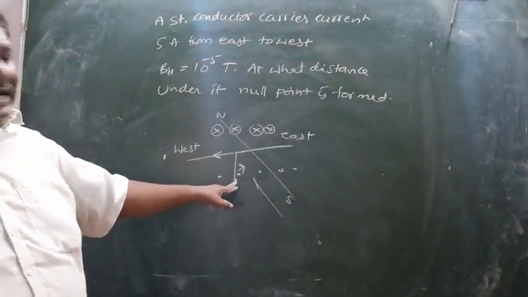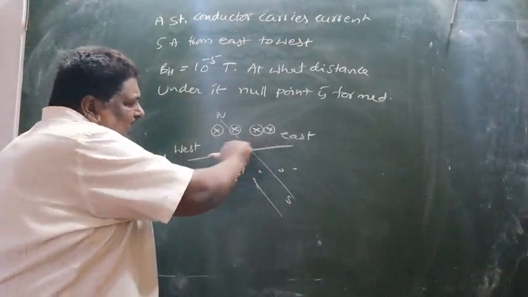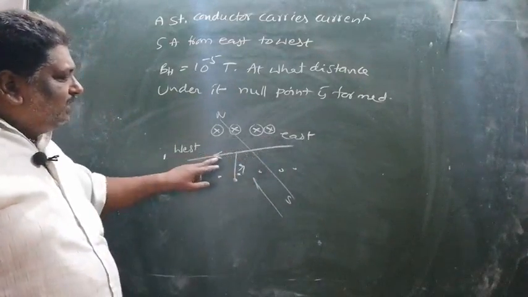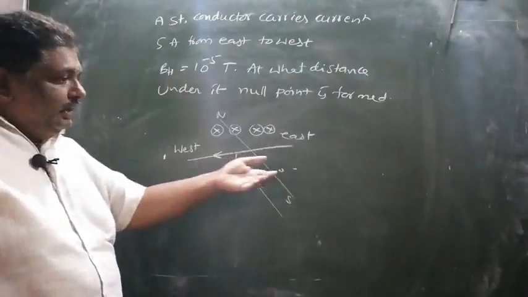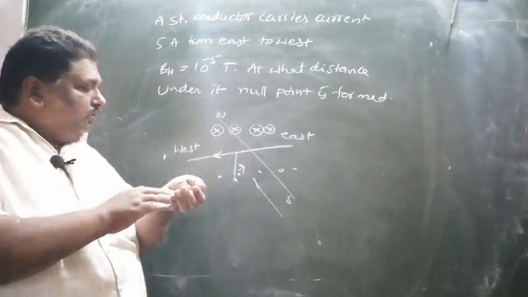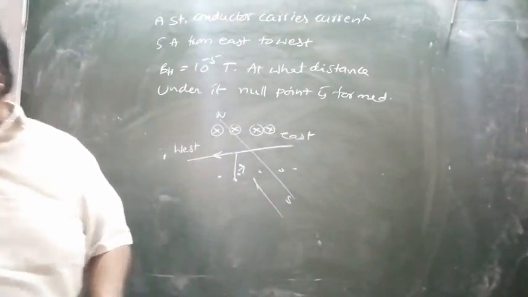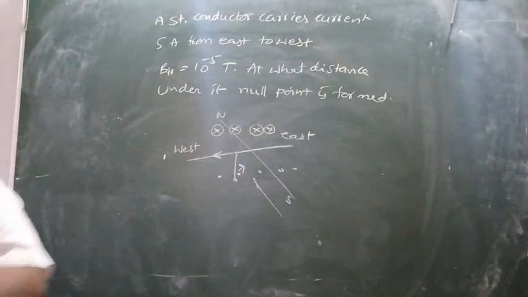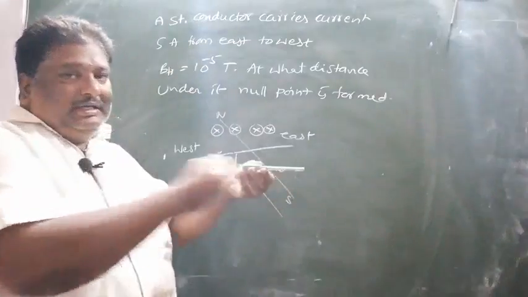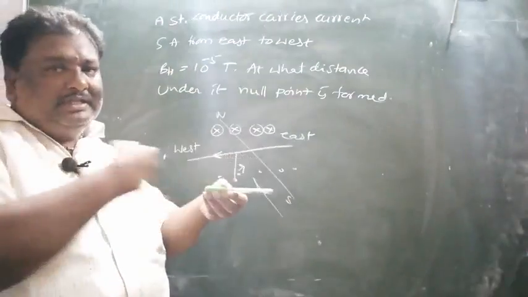What do you mean by null point? Here the magnetic field developed by the straight wire circulates around it. It is the conductor, no? So suppose the conductor is carrying current towards my side.